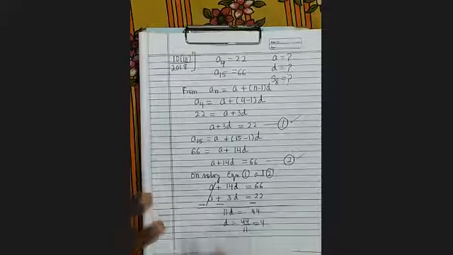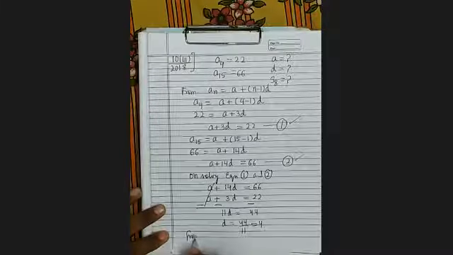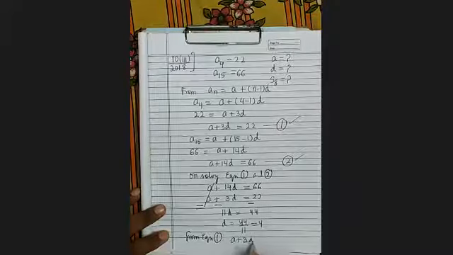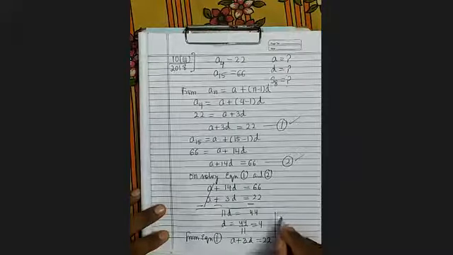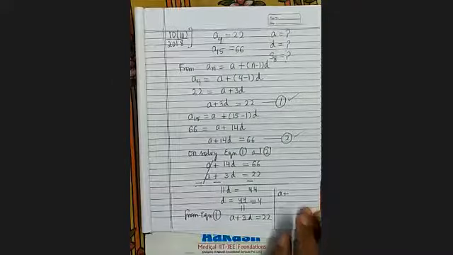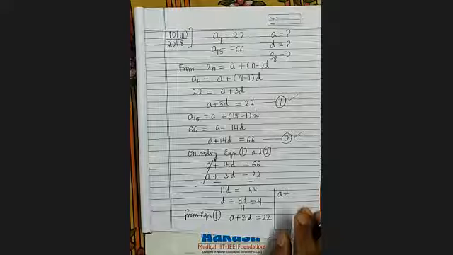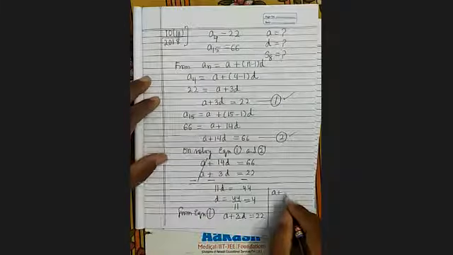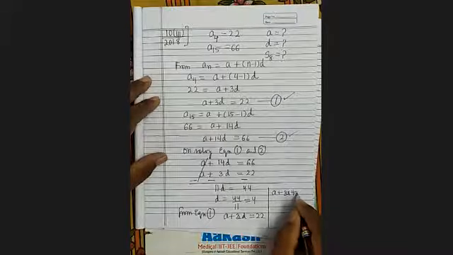So from equation 1, a plus 3d equals 22. So it will be a plus 3 into 4 equals 22.